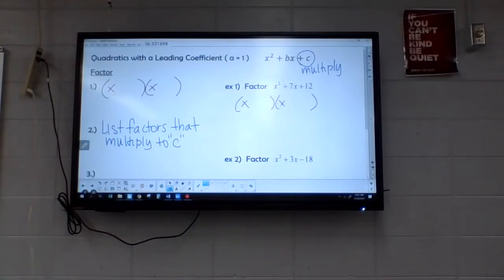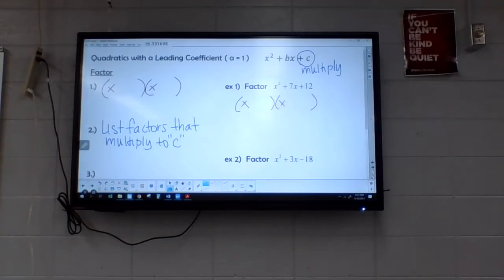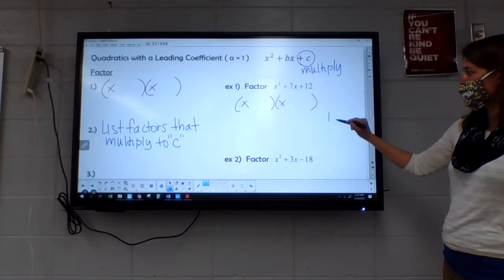Now, when I say list, it can be a list in your head, because 12 doesn't have that many factors. If you don't need to list them all out by hand, you don't have to. But until you're really comfortable with it, I'd suggest doing that.